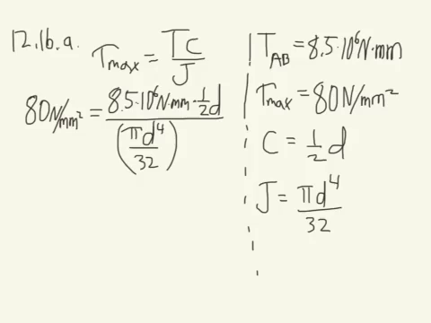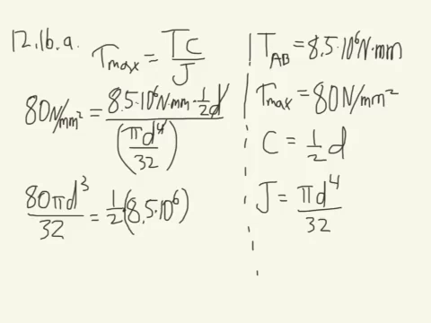That equation for J should look familiar by now. So we put all these definitions on the right into our equation on the left, and we get that. We can make this a little simpler by canceling one d, so the d to the fourth on the bottom comes down to d to the third. Now we just start solving for d using some algebra. The first thing I'm going to do is multiply both sides by pi d to the third over 32.